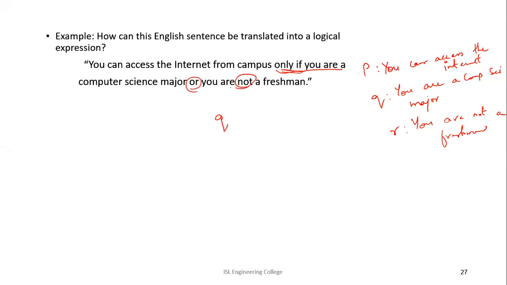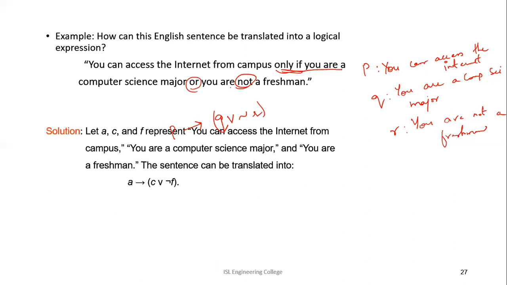So we have Q or negation of R, and this is P implies Q or negation R. Let's look at the solution. Here the same thing has happened, only the variables are different. We have used A, C and F, and you can access the internet is A. So A implies C or negation F.